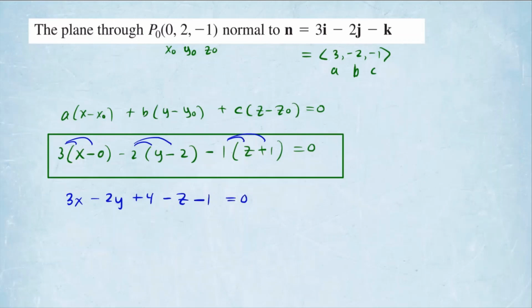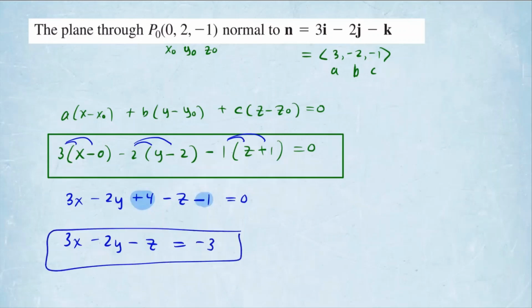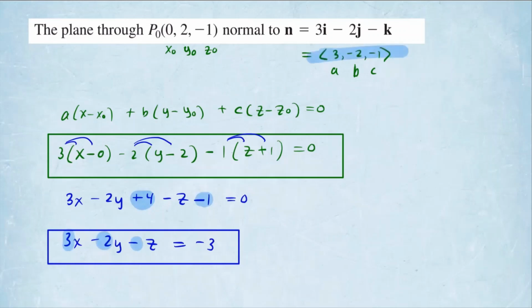And now we just like to keep x, y, and z on the same side and move the constant to the right-hand side. So you'll have 3x minus 2y minus z is equal to, so here we're going to get +3. Move it to the other side, you get -3. So that's another way you can also write the equation of the plane, where the normal vector is right here, 3, -2, and -1, as you can see right here.